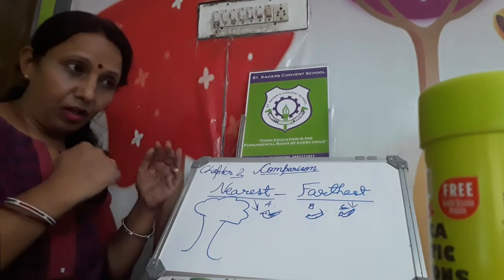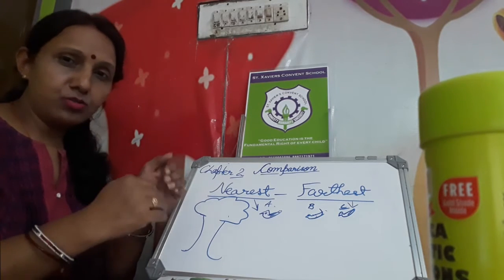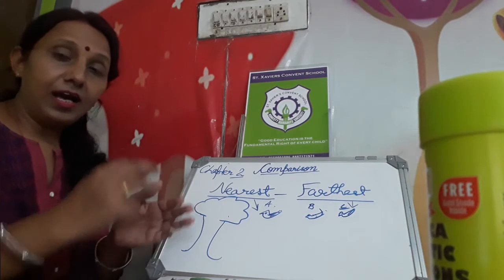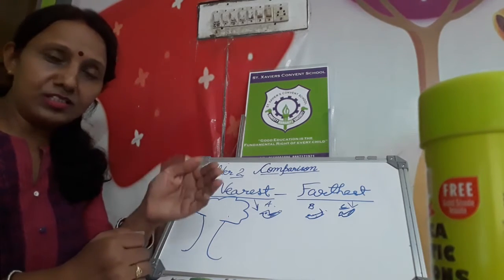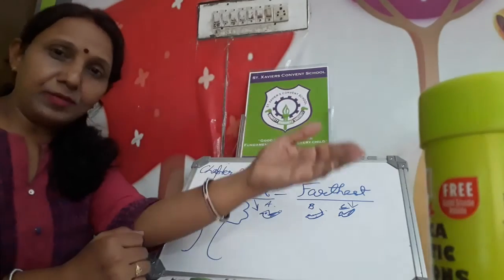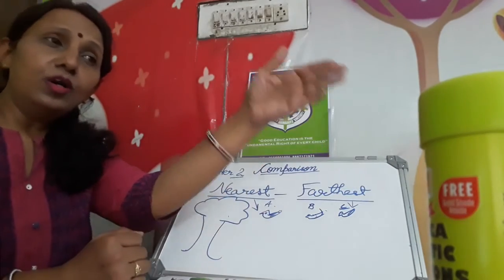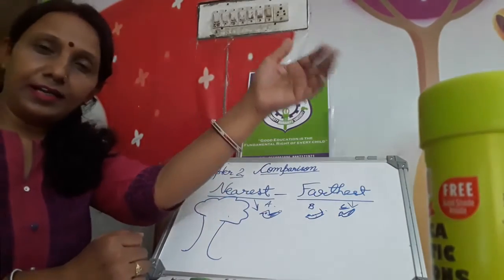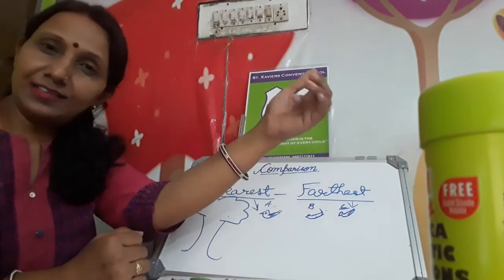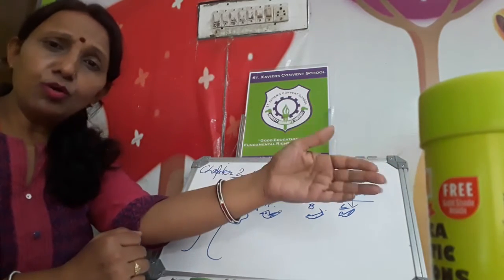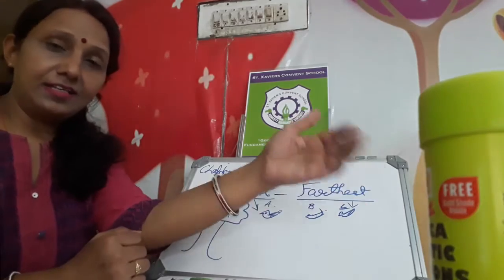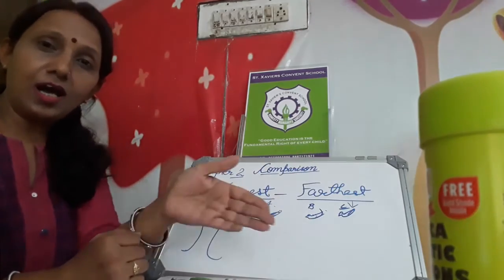If you are on the way and near to your house, you are the nearest one, and your father is not near. He is purchasing some things in the market. So you can say he is the farthest from the house.